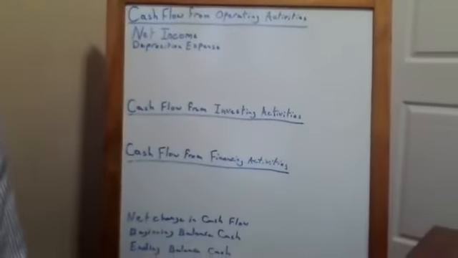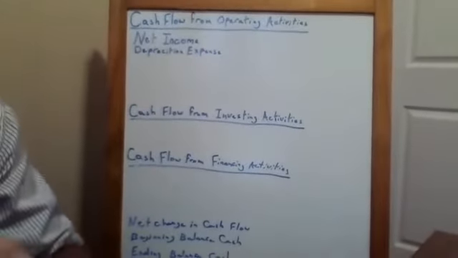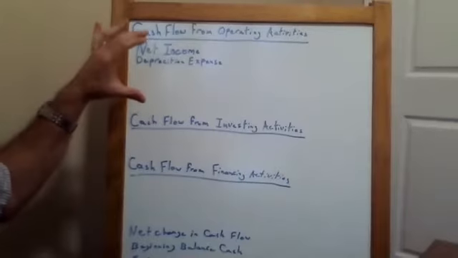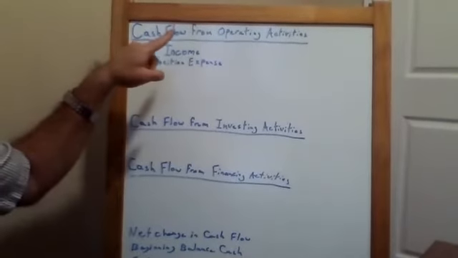The statement has three different activities. All right. The first one is the operating activities. The second one is investing, and the third one is financing activities. So let me show you very quick how I prepared the template for the cash flow statement. So the first part, it tells us about the operating activities.